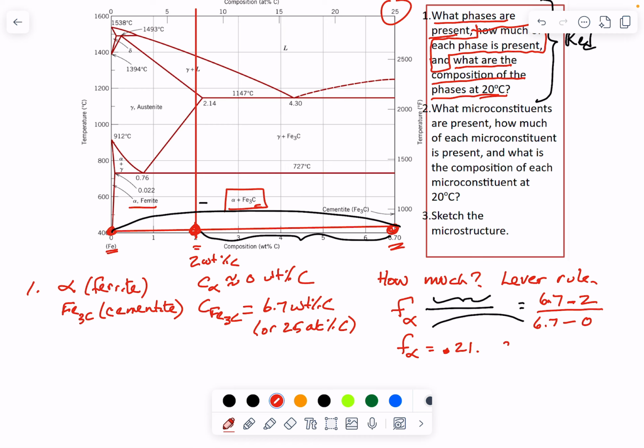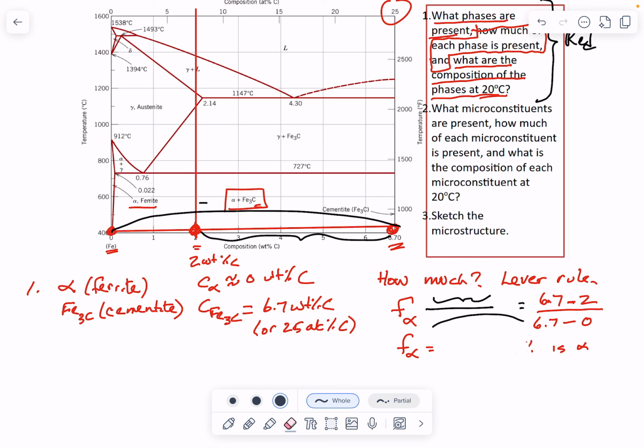This means that 21% of it is alpha, which of course we call ferrite. It's body center cubic ferrite. What's the rest of it? Sorry, this is not correct. That should be 0.79. I have garbled myself up here.